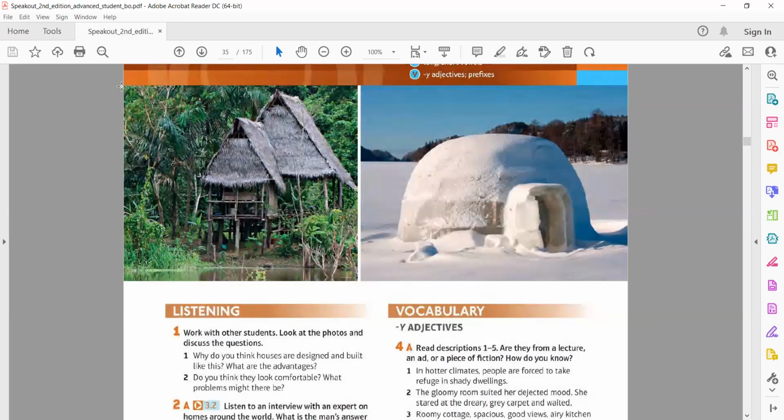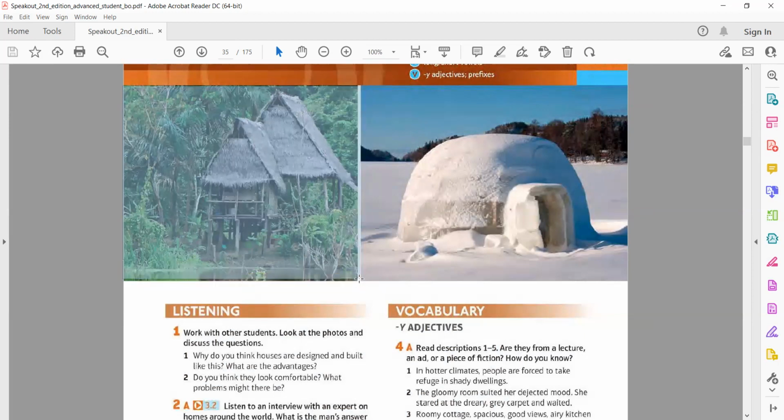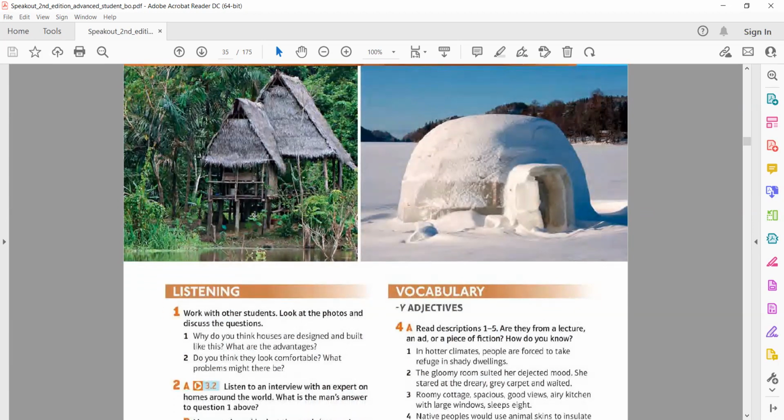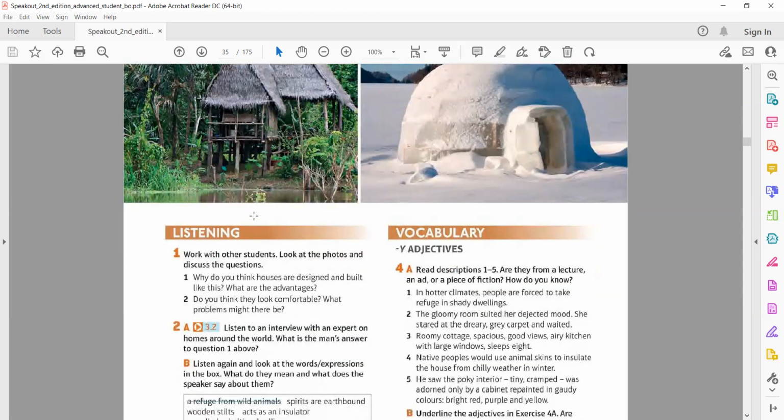If you look at it, it's in the middle of a tropical jungle, and it rains almost all year there. So how can they be protected? It's not even waterproof. What do you think, Ikram? I think it's not comfortable because even if you have a bed, it will be made of wood here or snow here, and it doesn't feel comfortable. Yeah, exactly. It doesn't feel like they're comfortable.